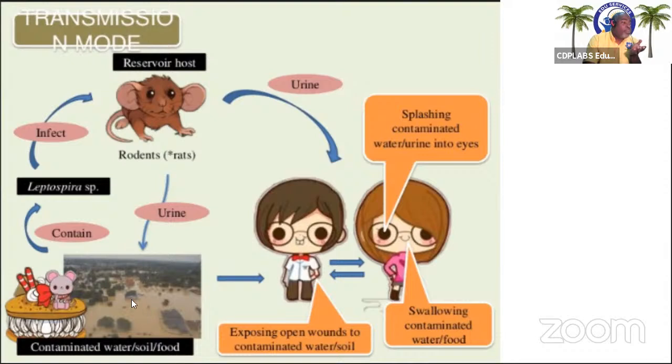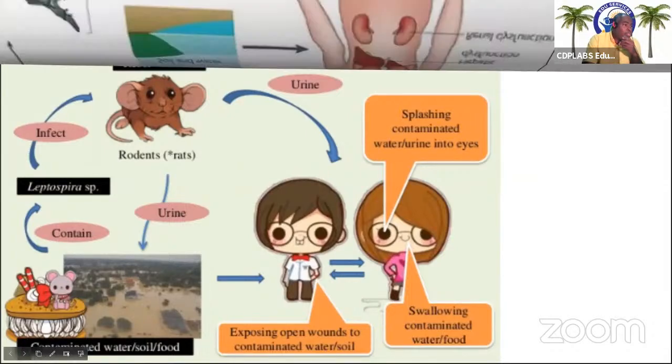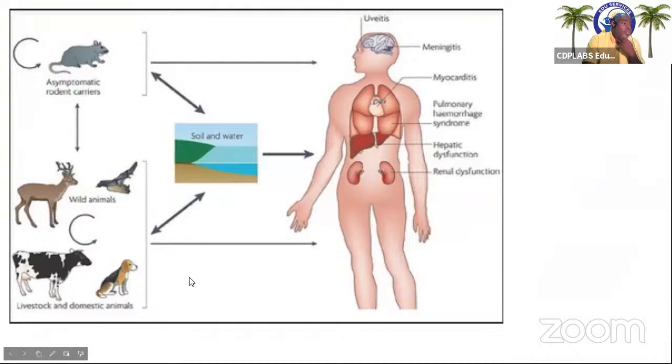You can be infected from contaminated water, eating food exposed to it, open wounds, contaminated water in the soil, swallowing contaminated water or food, and splashing contaminated water into your eyes. So even that can cause it. That's it. Serious business. So it's not good to be bold and say you're walking through it. No, that's not a good idea.